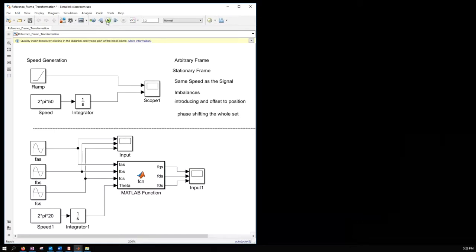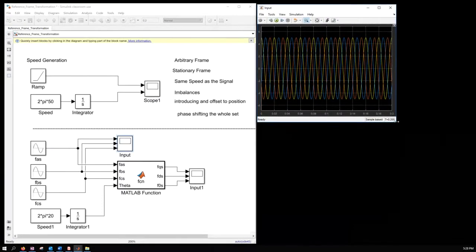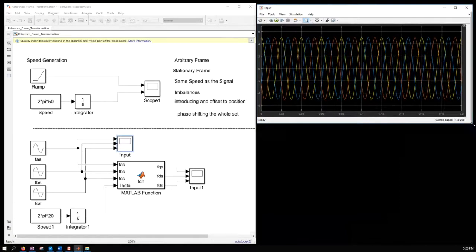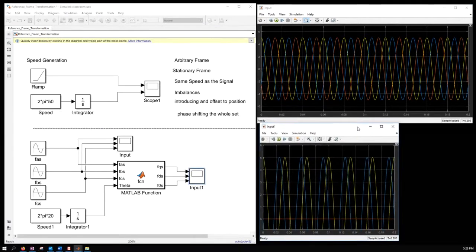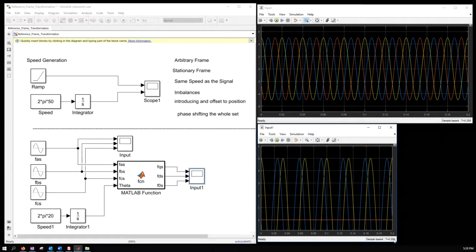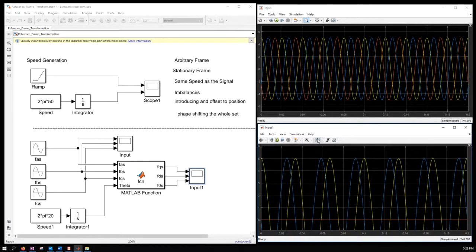Let's just run this. We can look at the three-phase voltages. I'm going to place my first plot here, and then my output right here. We'll leave them like that so they show the result.